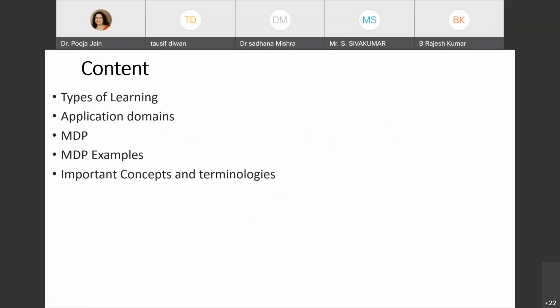Then we will see the backbone of reinforcement learning, that is nothing but the Markov decision process. And we will see one example in the context of Markov decision process. And along with that, we will see some important concepts and terminologies for reinforcement learning.